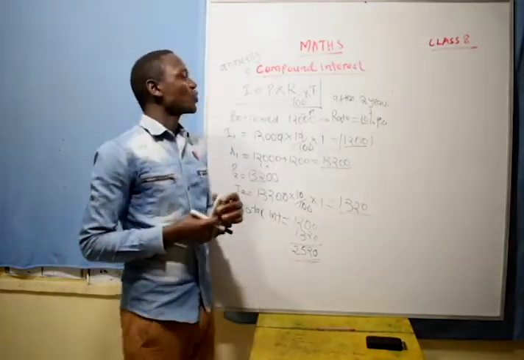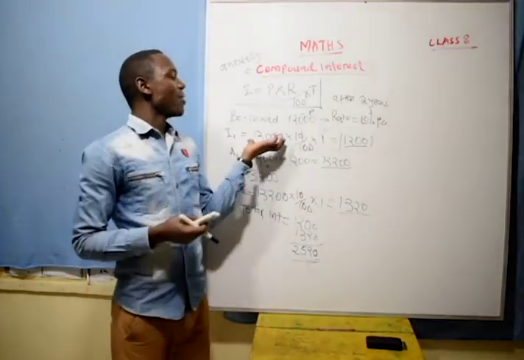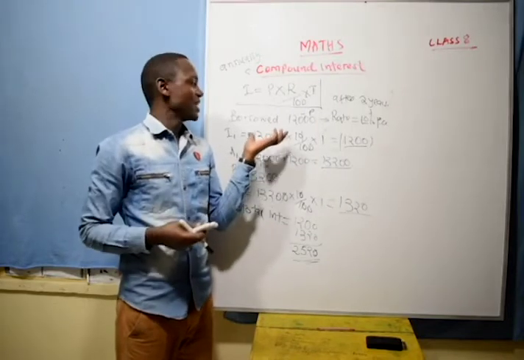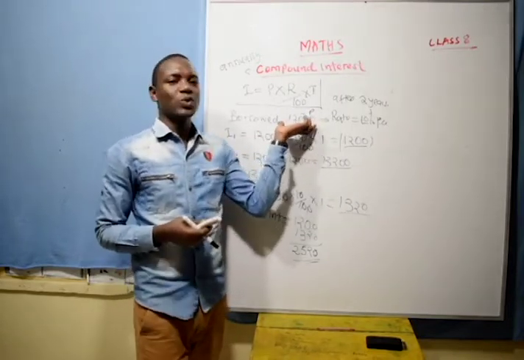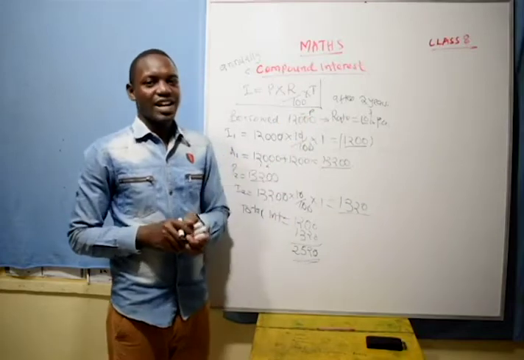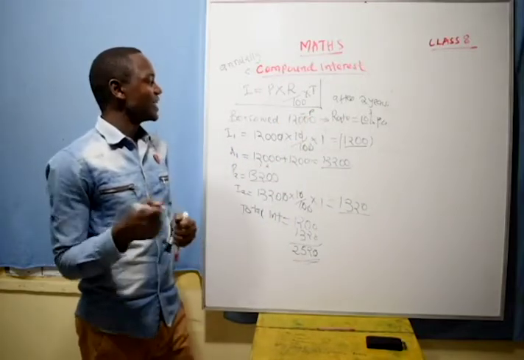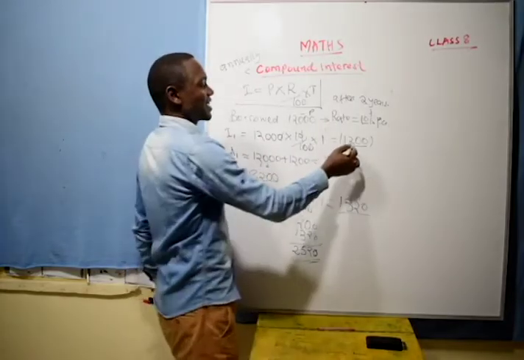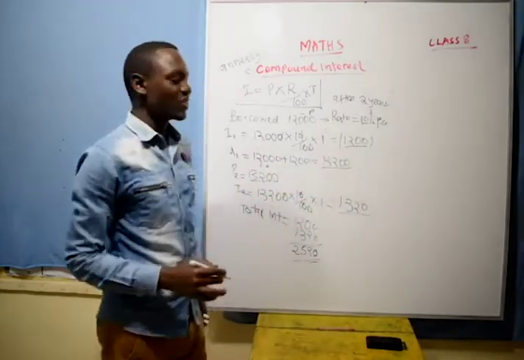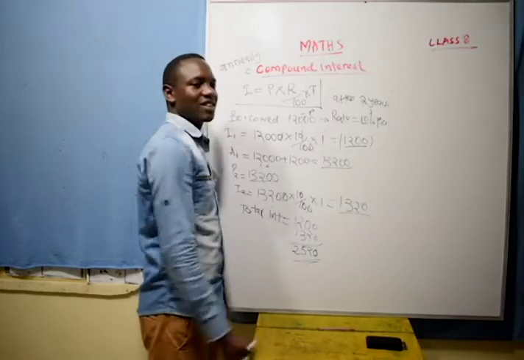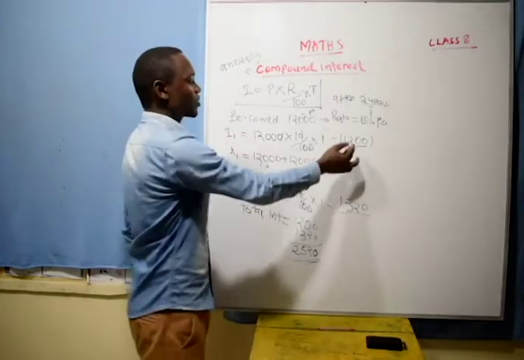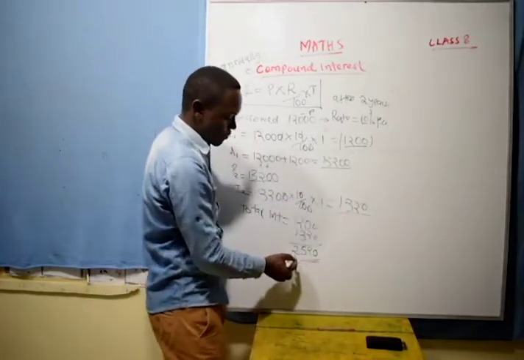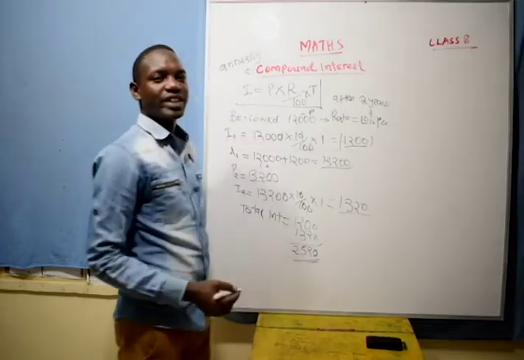So after 2 years, you are going to pay the amount of money you borrowed initially, because the bank gave you 12,000 shillings. But that 12,000 in the first year earned 1,200. In the second year, it earned 1,320 shillings. So in the 2 years, it will have earned a total of 2,520 shillings.